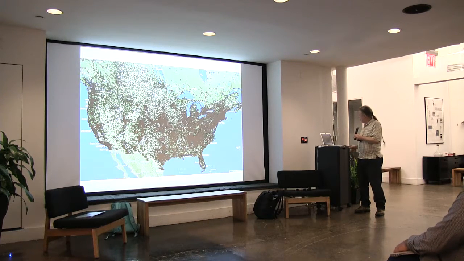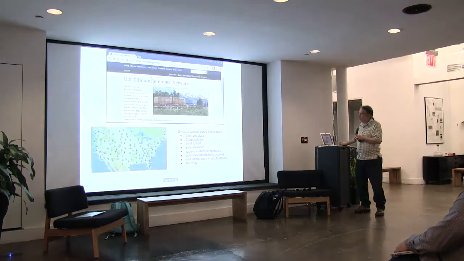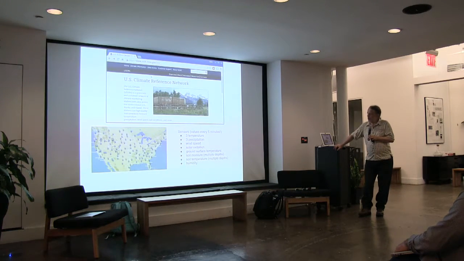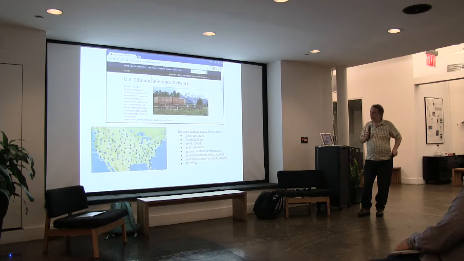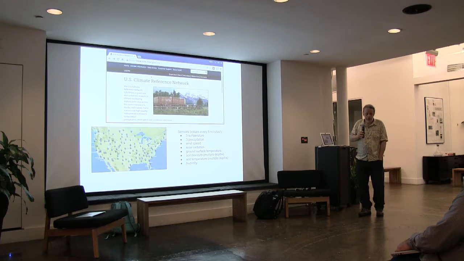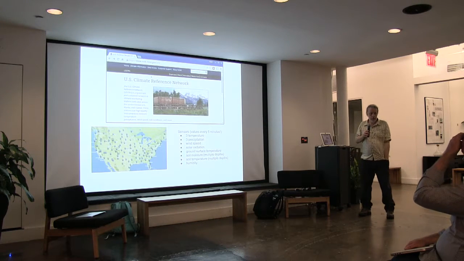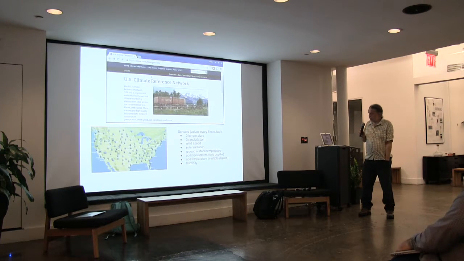But I was working, starting in 2002, with another network called the Climate Reference Network that is a new network. Most of those GHCN stations have been around for decades, if not over 100 years. This network is all completely new stations built starting in, I think, 2001, of extremely accurate, modern, very precise stations with redundant sensors.